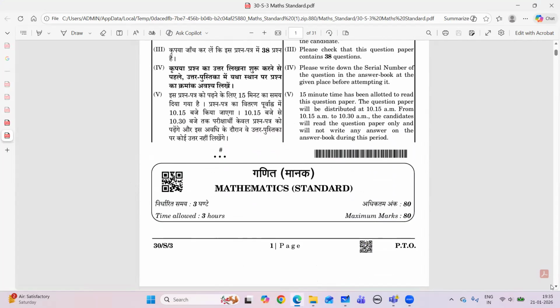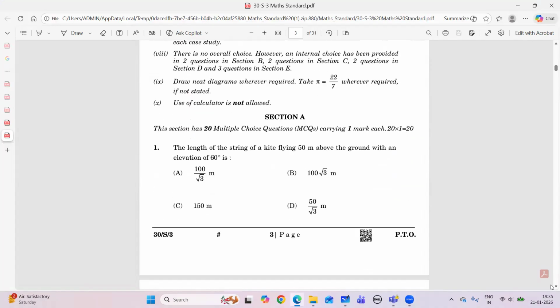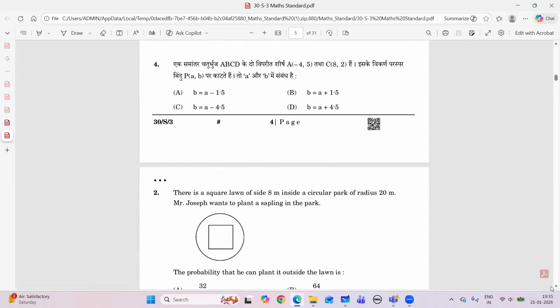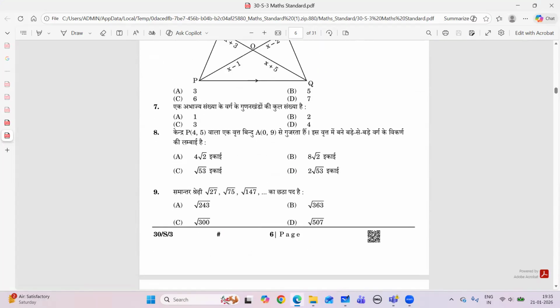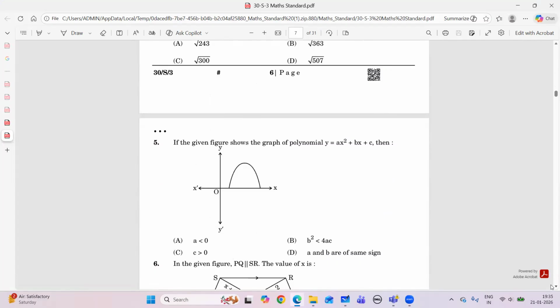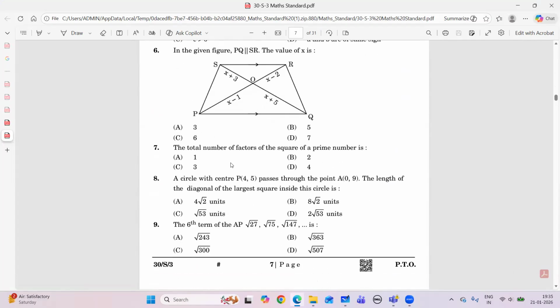That is question number 7. The total number of factors of the square of a prime number is 1, 2, 3, 4?